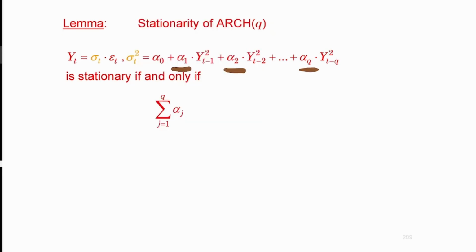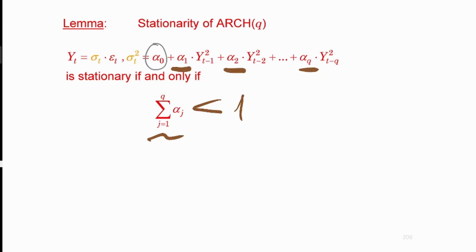Alpha 0 is excluded from the consideration. That is important, okay? So alpha 0 is not part of this sum. The process is going to be stationary if this sum, where again alpha 0 is excluded, is strictly less than 1. This is it. And that will be it.